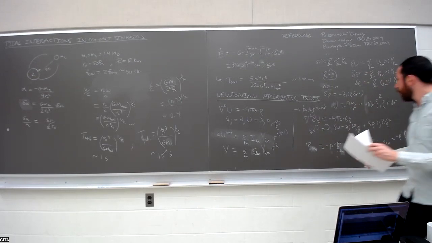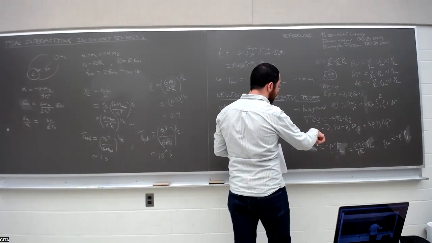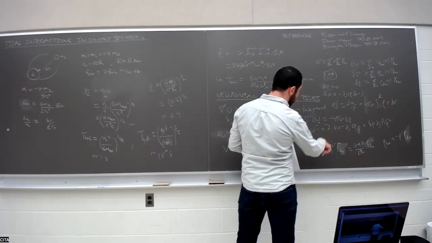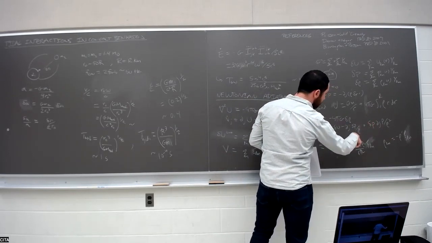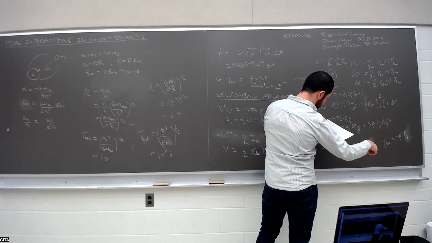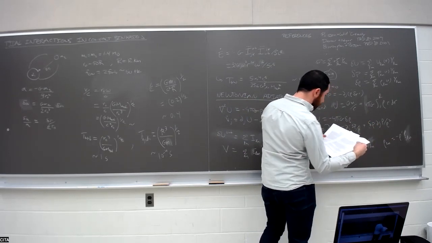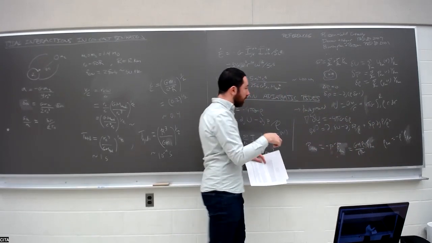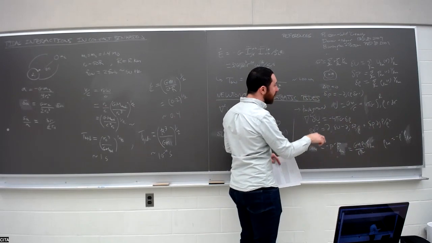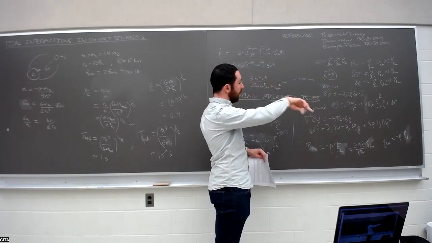So the point is, Poisson's equation involves, and Euler's equation involves delta U, delta P, and delta rho. Now we have a relationship that expresses delta P and delta rho in terms of just the displacement vector CLM.